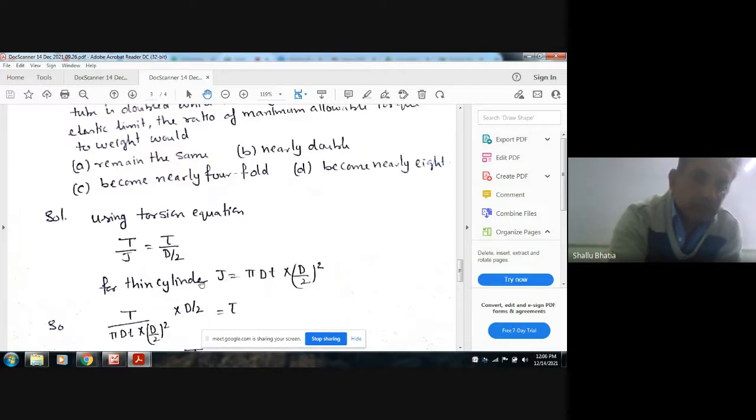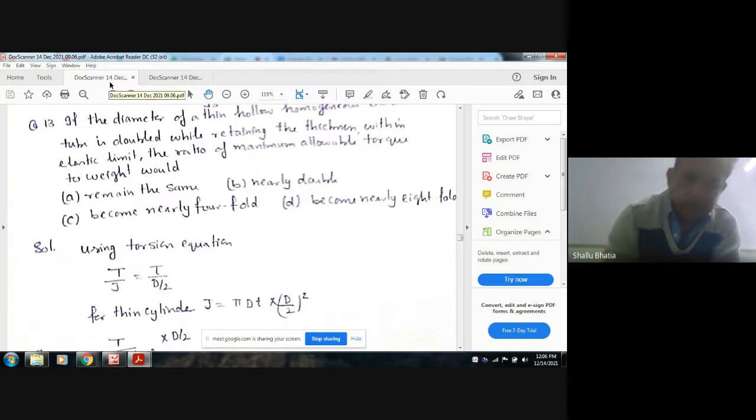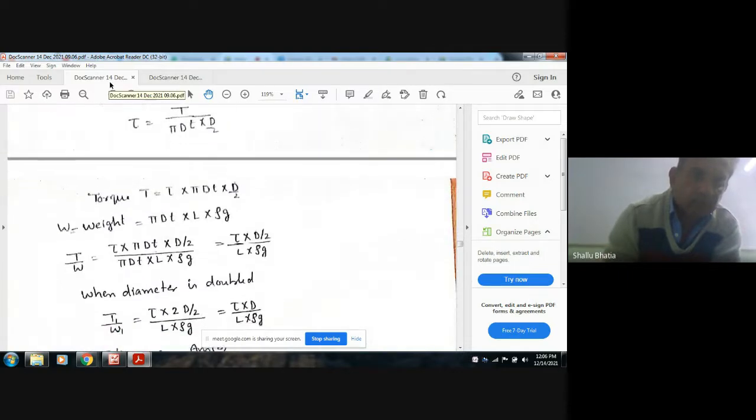So putting this value, we will have tau that is T by pi d t into D by 2, and T will be tau into pi d t into D by 2.